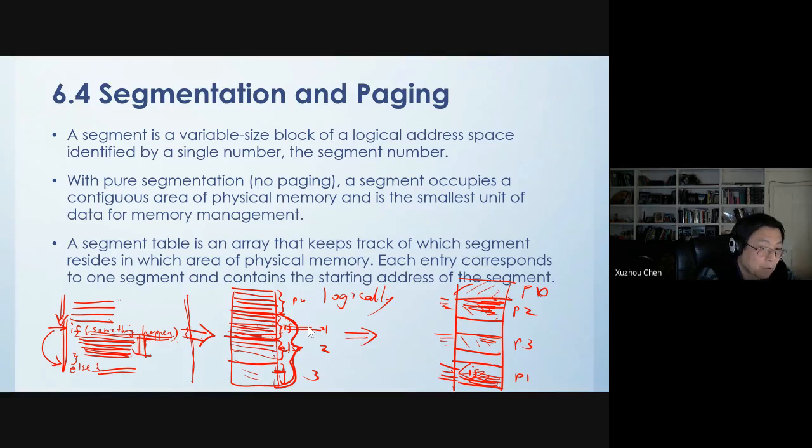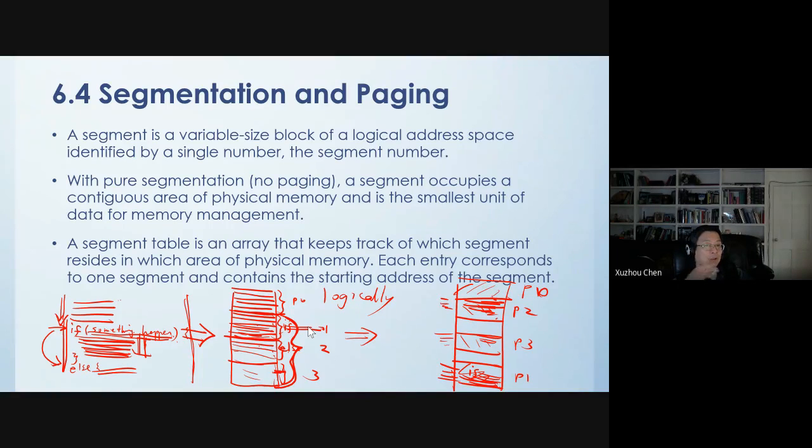So that's the drawback of the paging. Now I can tell you one example. It's not really a perfect example, but it just gives you some idea what the paging is going to look like.